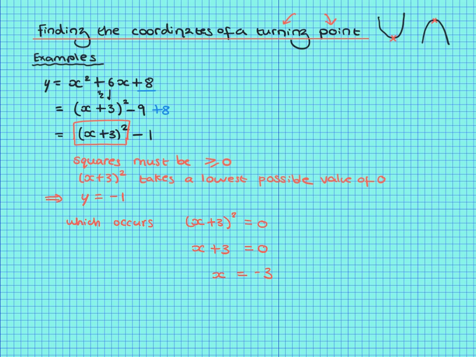So the coordinates of the minimum point, and we know that this particular parabola has a shape like this, with a minimum point, because it has a positive x squared term, are negative 3, negative 1.